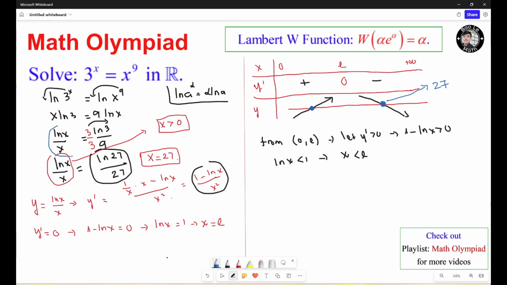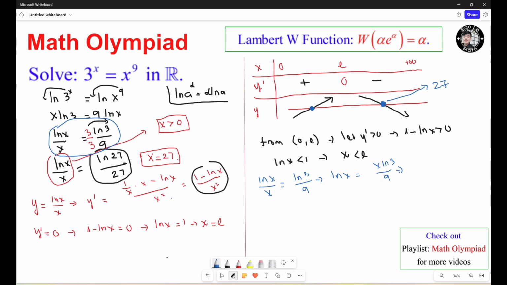It's right here. Natural log of s over s equals natural log of 3 over 9. Alright, so it turns out to be natural log of s equals s natural log of 3 over 9.